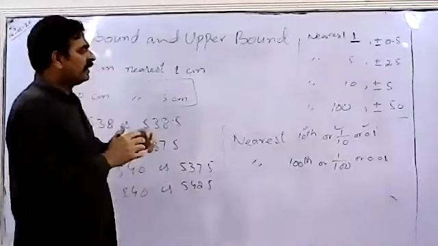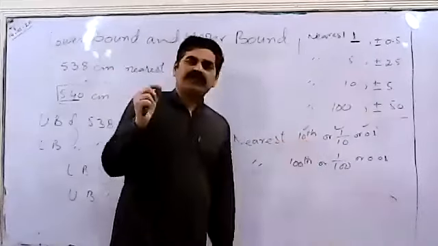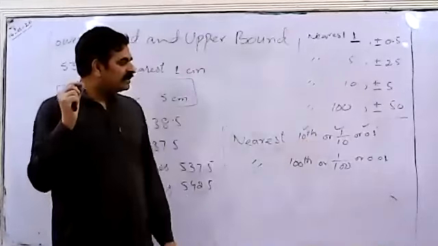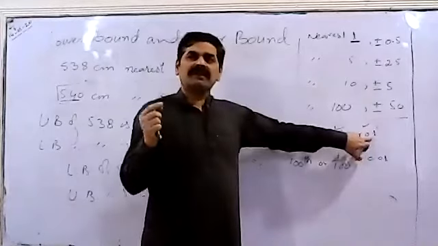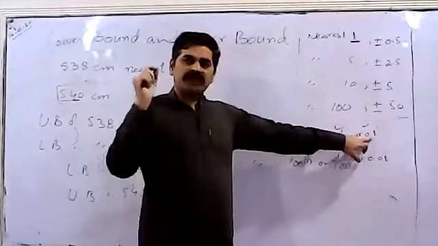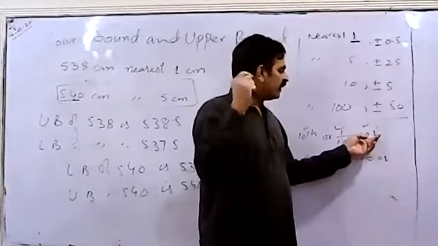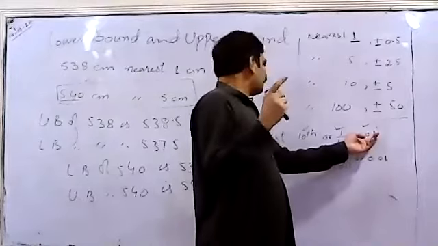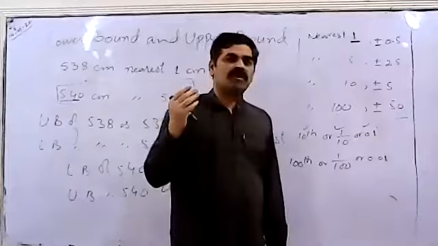If it's written nearest tenth, it's written 0.1, and the half of 0.1 is 0.05. If we want to find the lower bound, we will subtract 0.05. If the upper bound is required, then we will add 0.05.